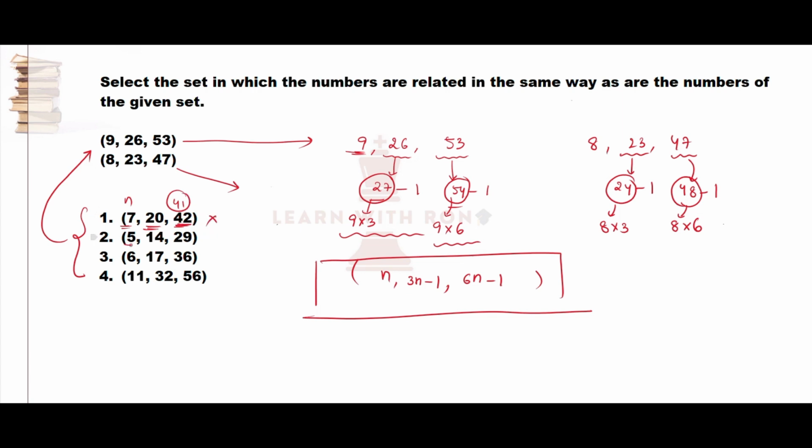See the next option, if we assume the n value as 5, the second number should be 3n minus 1. 3n minus 1 means 3 5s 15 minus 1, 14. Okay, and the third number should be 6n minus 1. 6n minus 1, 6 5s 30 minus 1, 29, which verified our pattern, which is option number 2 is our answer. Let's see our next question.